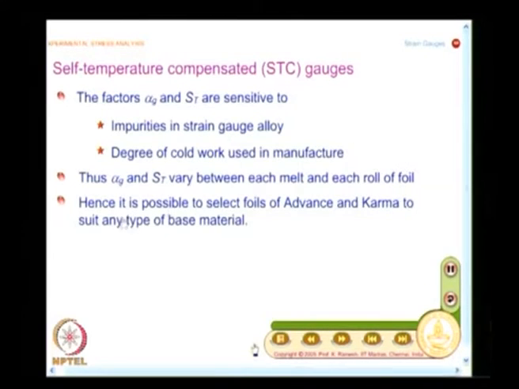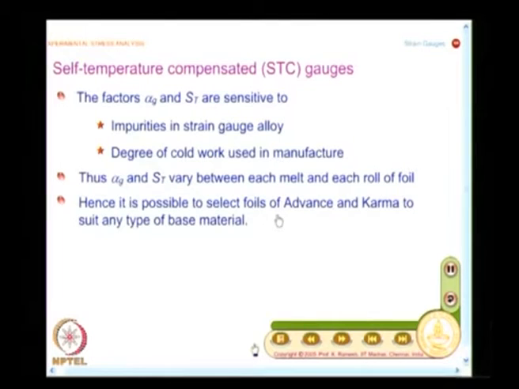So, in essence it is possible to select foils of advance and Karma to suit any type of base material. We have excluded isoelastic. We have seen isoelastic is hypersensitive to temperature change. So, you do not even talk of self temperature compensated gauges made of isoelastic alloy. You talk only when you use the advance or Karma alloy, and there also we saw a subtle difference.